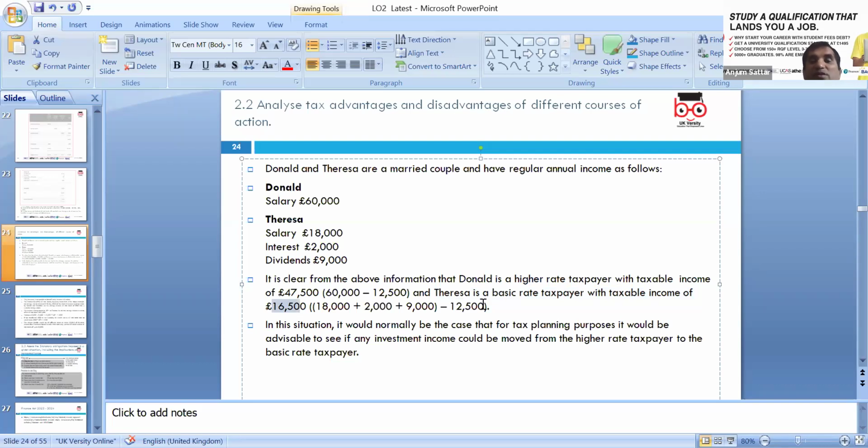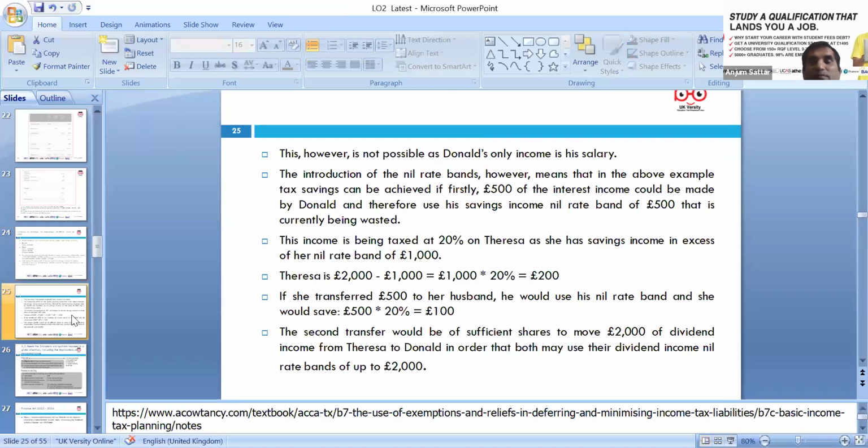So in this situation, for planning purposes, it would be advisable that investment income could be moved from the higher-rate taxpayer to the basic-rate taxpayer. So from higher taxpayer to the basic taxpayer, any investment income if we have here. So let's look at the next one. However, that is not possible for Donald, as the only income is salary.